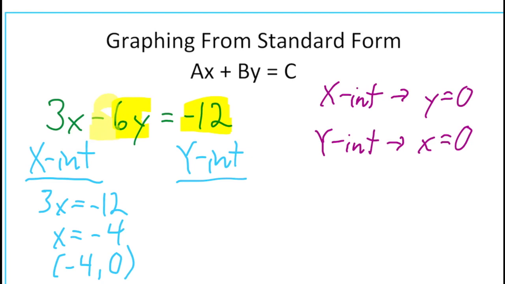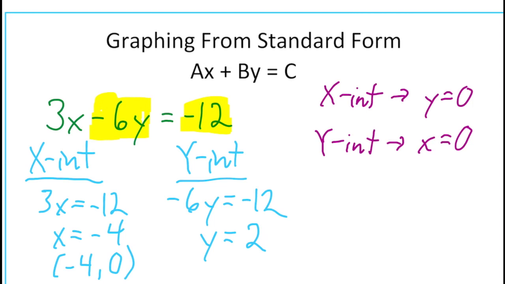Make sure that you realize that negative sign is absolutely part of finding the y-intercept. So we are going to use our equation of negative 6y equals negative 12. Divide both sides by negative 6, and you get y equals 2. You can also just try to think backwards here.